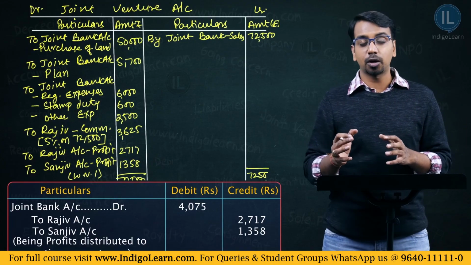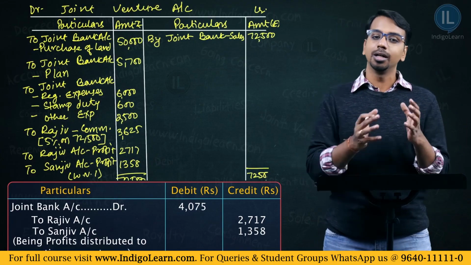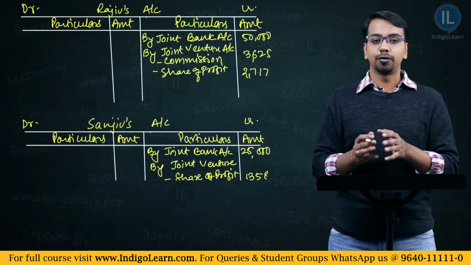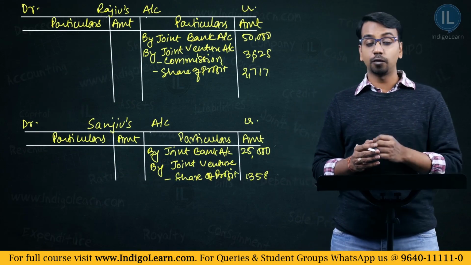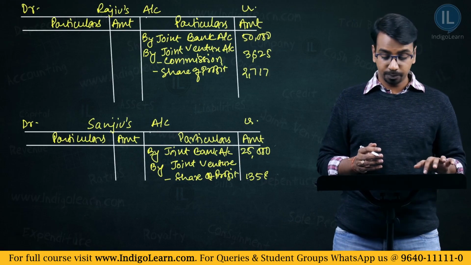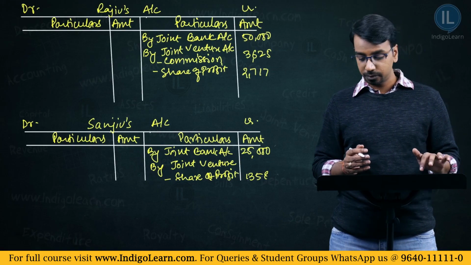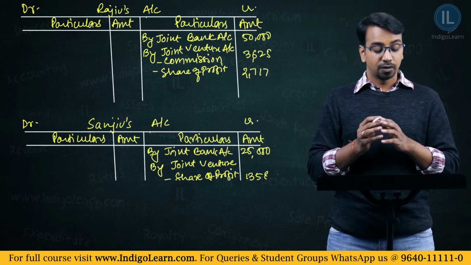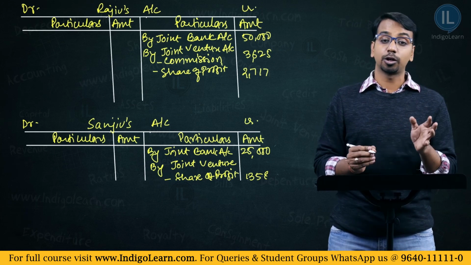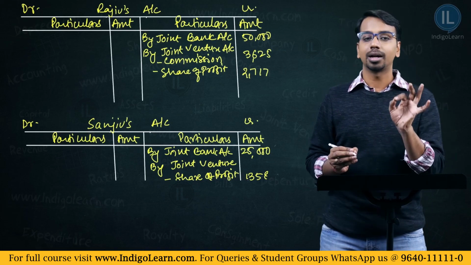Now after we have shared the profits, we can go ahead and close the co-venturers account. If you open Rajiv's account, what are the credits? 50,000, 3625, 2717. So let us total that up. 2717 plus 3625 plus 50,000 gives us 56,342. This will be paid to Rajiv.